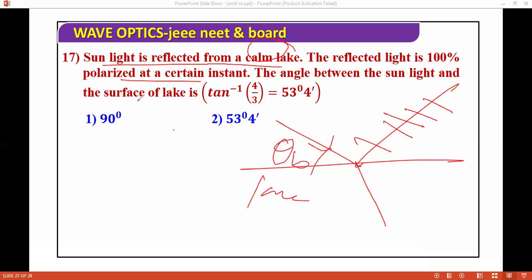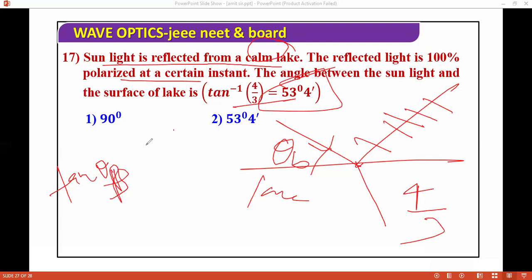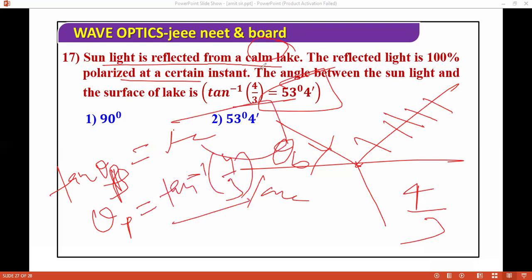The angle between the sunlight and the surface of the lake is asked. So this is the lake, sunlight is coming in, and the reflected light is 100% polarized. This is the Brewster angle theta p, and tan theta p is equal to mu, the refractive index of water. So theta p will be tan inverse of mu, which is tan inverse of 4 by 3. So you will get this angle.